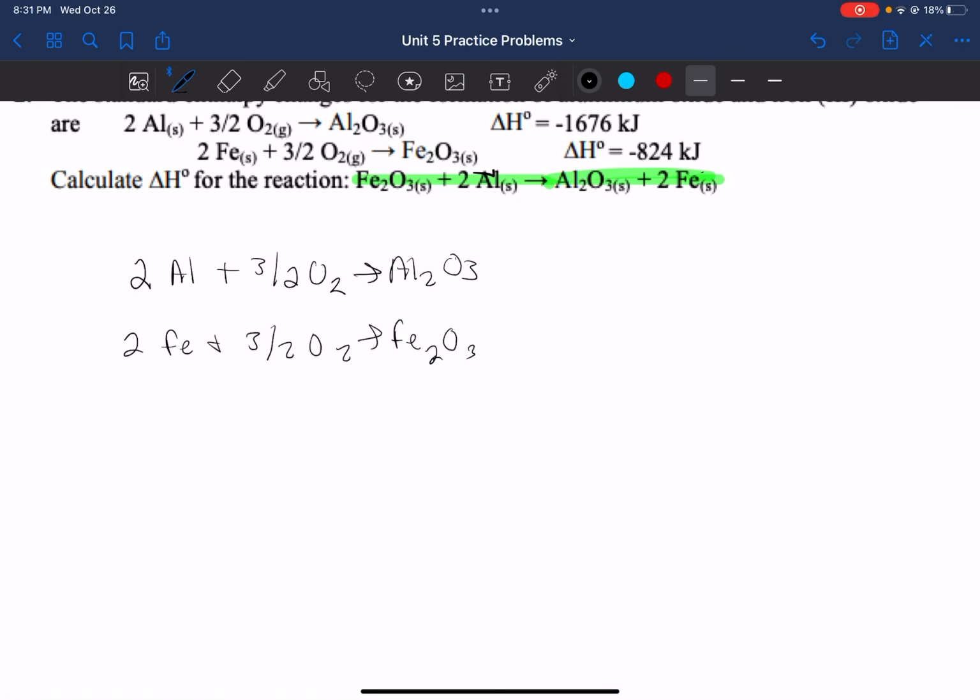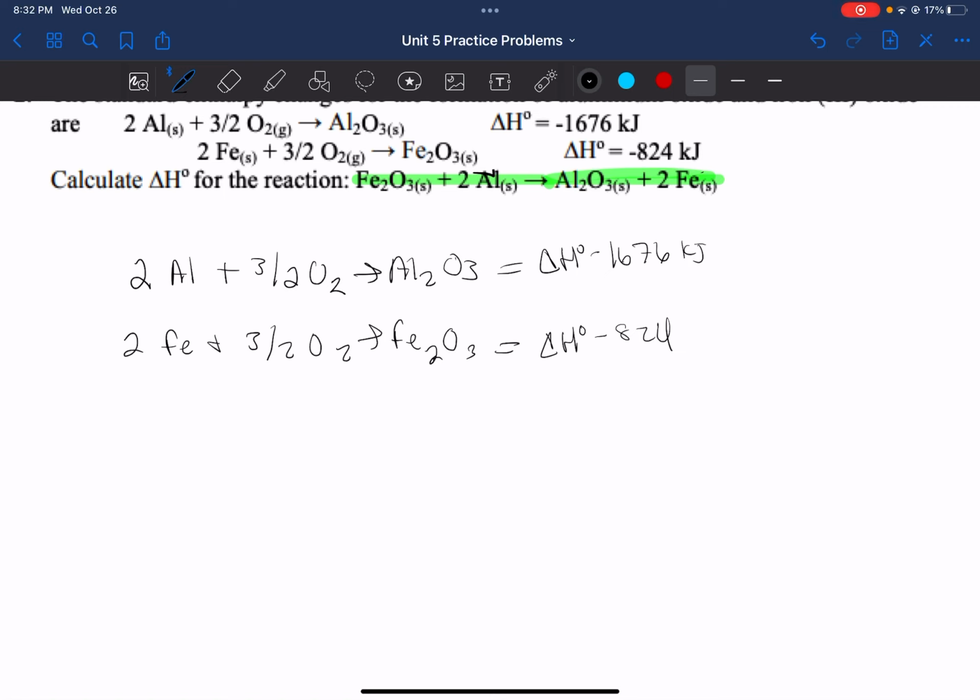Okay, which equals delta change of H of -1676 and equals delta change of H of -824. Okay.